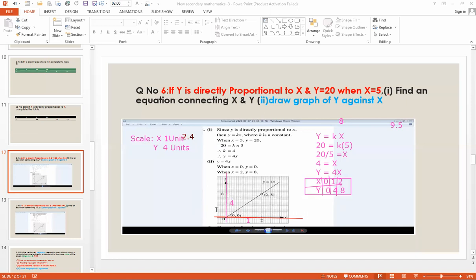0, 4, and 8. Then here 0, 1, and 2. Now look here. 1 is here in the center. I have to erase that one.